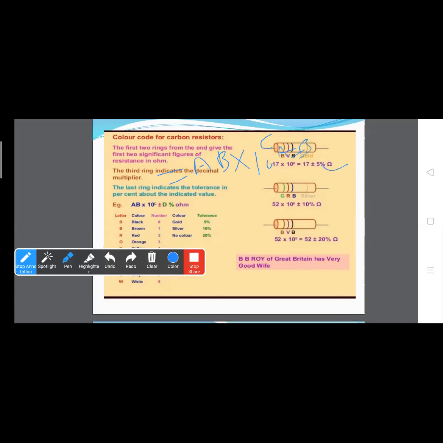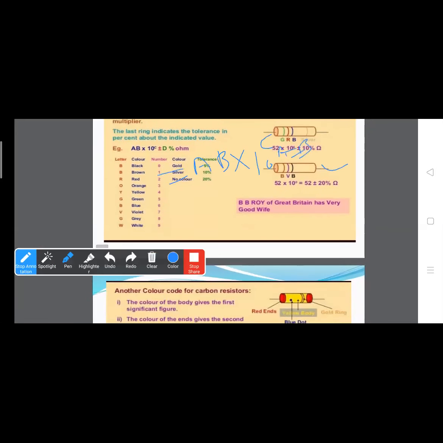So here, this is the formula to find the value of carbon resistance: AB times 10 raised to power C, plus or minus D percent, in ohm. Here AB is the first two digits, C is the multiplier and D shows the tolerance in percentage. Clear?